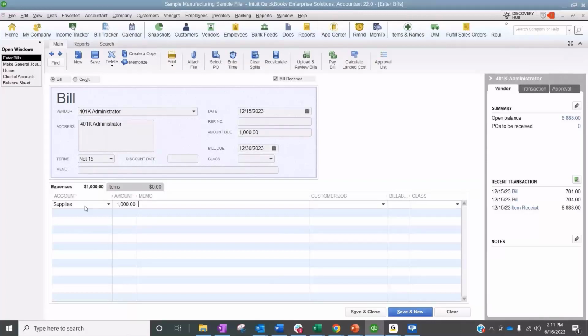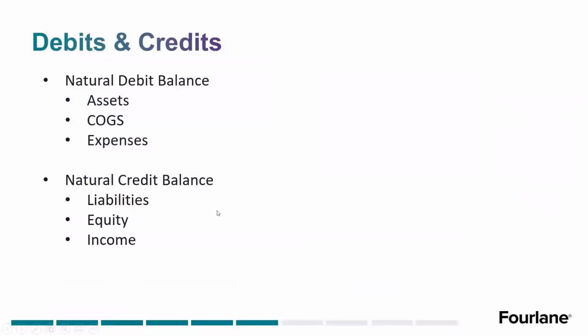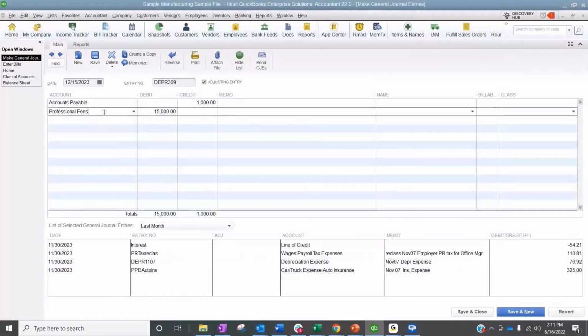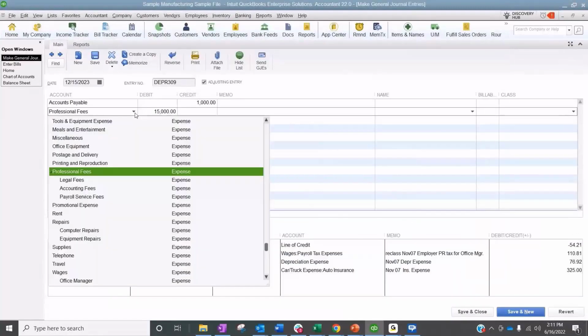So what is the natural state for expenses? Debit. Oh, look at that. We have $1,000 liability. We have $1,000 expenses. Perfect. They balance. Makes sense. Ding, ding, ding. Right? So the offset down here can be some kind of expense for $1,000.